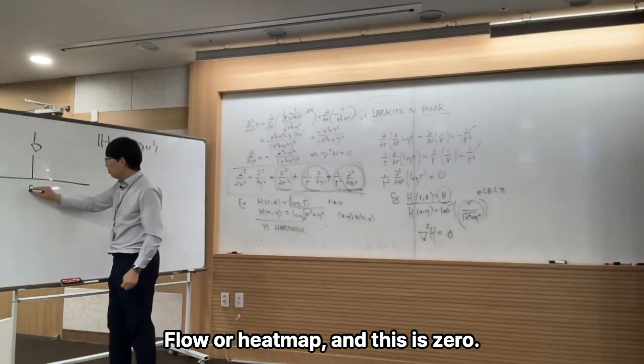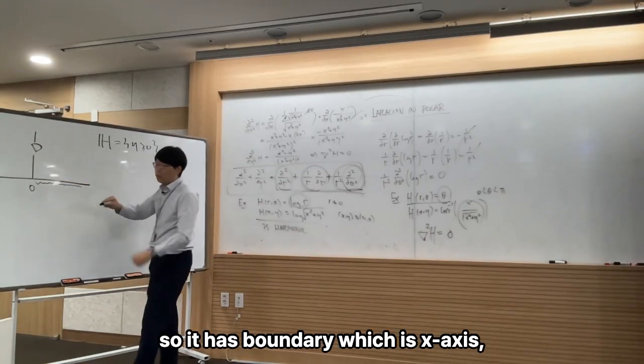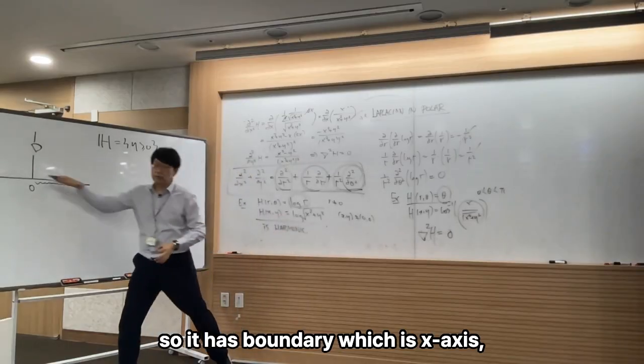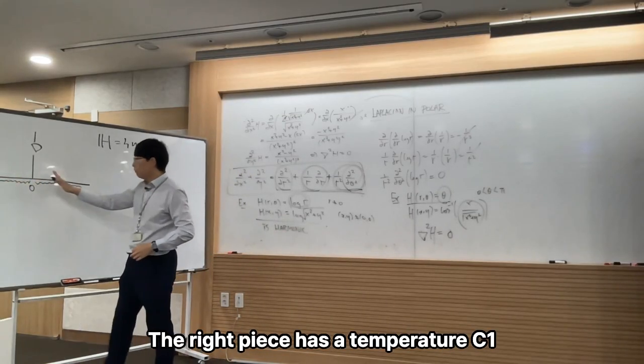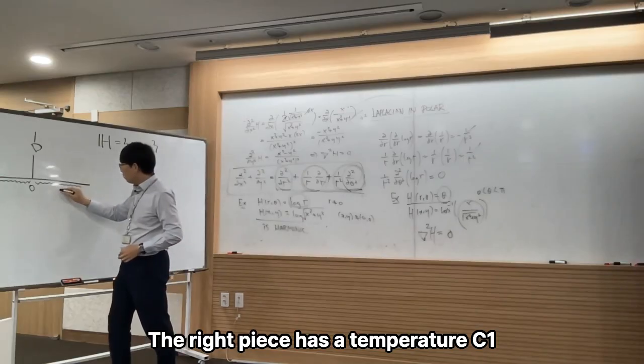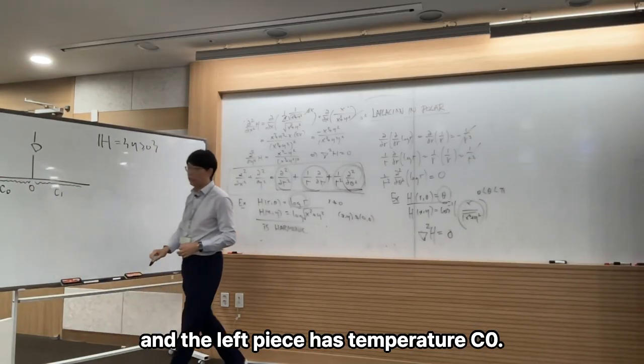And this is 0. And let's say this boundary, the x-axis, I want to separate into two pieces. The right piece has temperature C1, and the left piece has temperature C0.